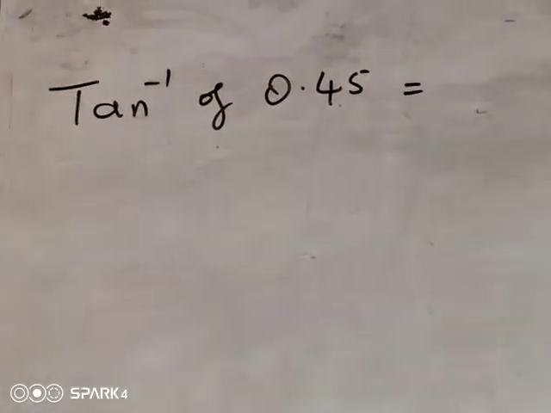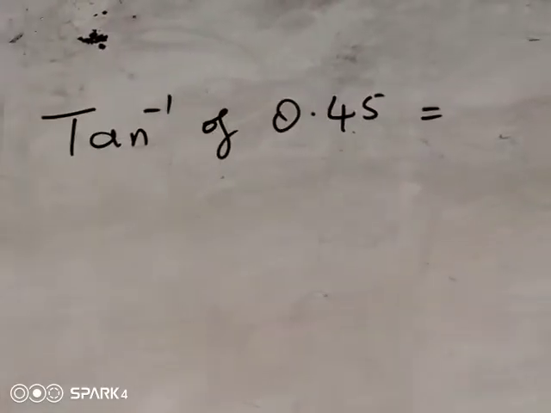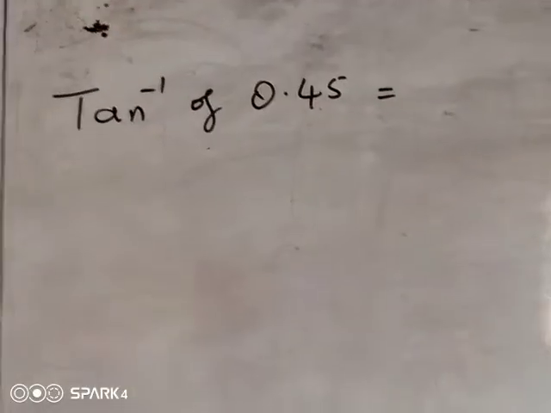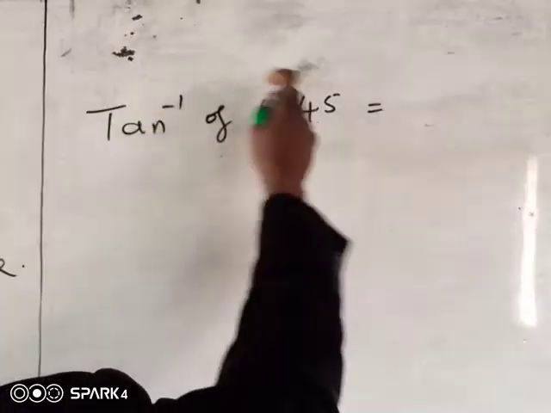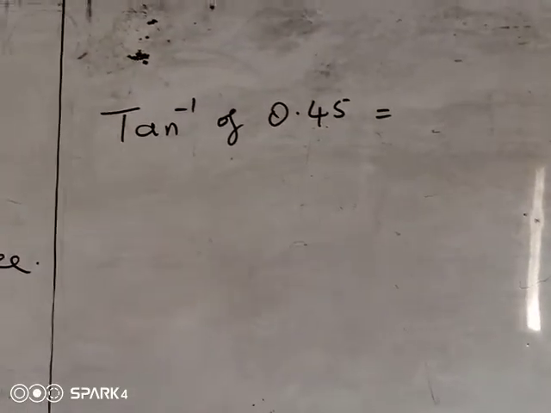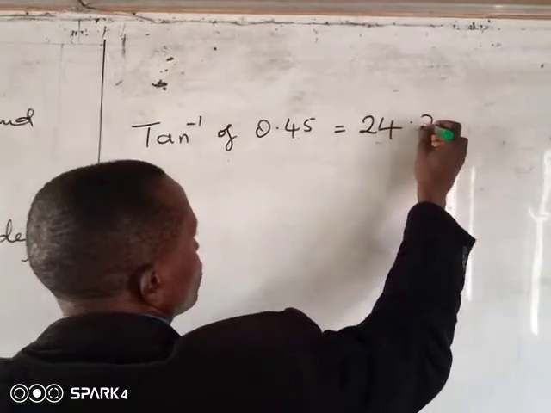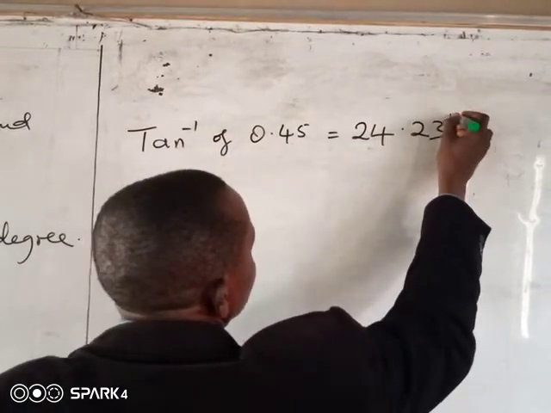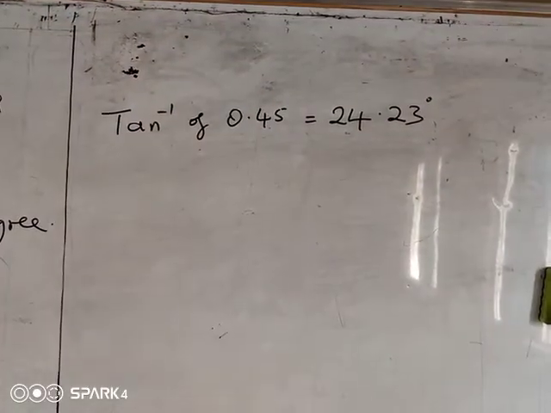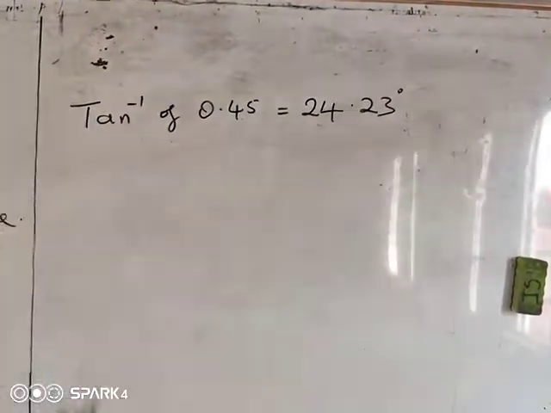What will it give me? If you have your calculator, press it, and tan inverse of 0.45 will give you 24.23 degrees. Having known this, it becomes very easy.